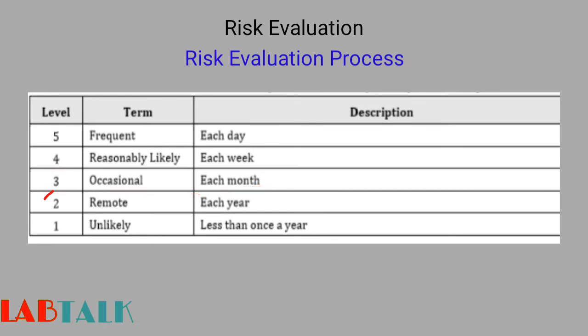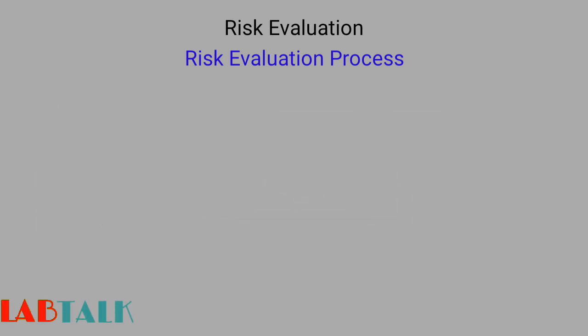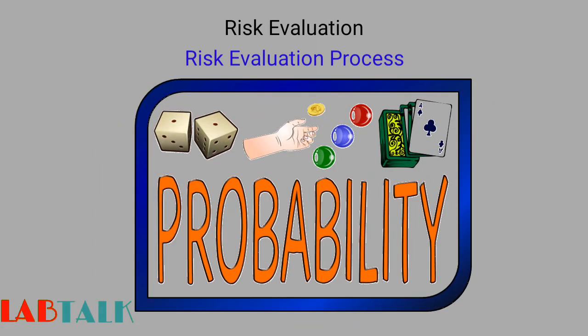Level 2 is a remote possibility, which means it can occur once in a year. And level 1 is very unlikely, which implies the probability is very low, or it can occur less than once a year. So this scale determines the level of the probability of the risk occurring.